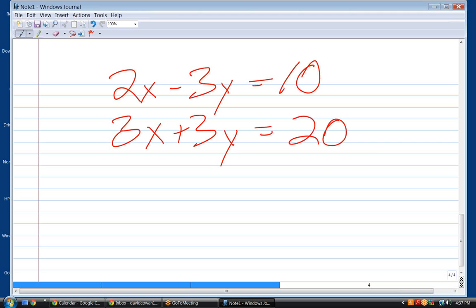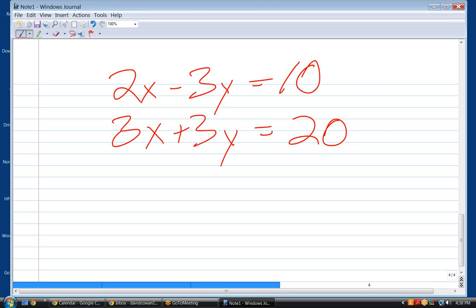All right, there's two variables and two equations. As long as you have the same number of variables as you have equations, you generally can solve it. And the best way to solve this particular problem is by elimination.